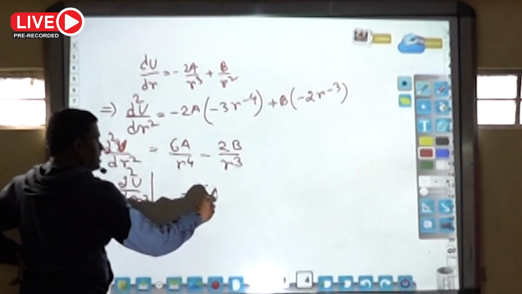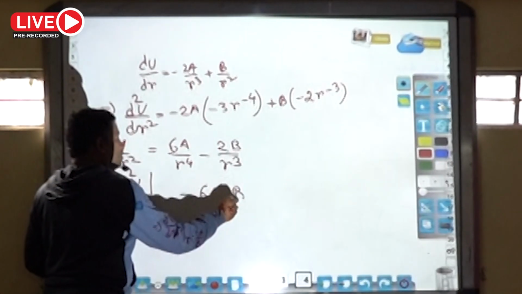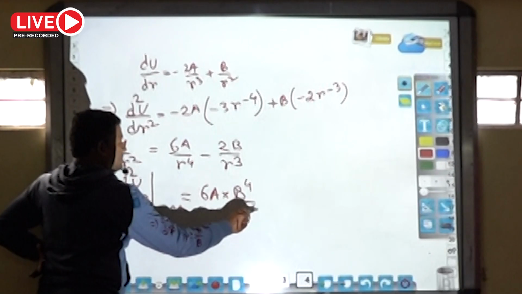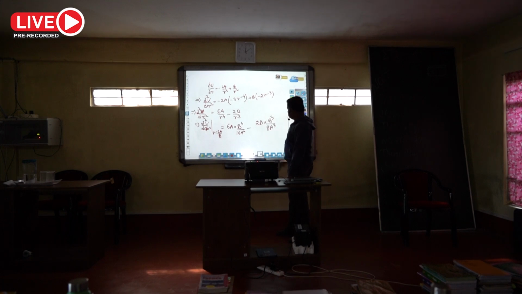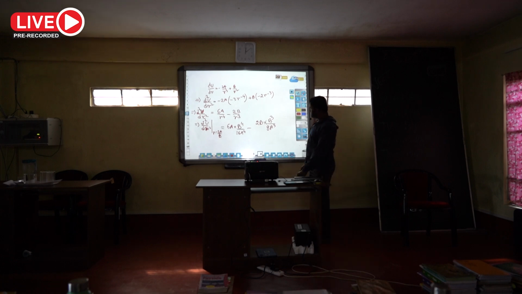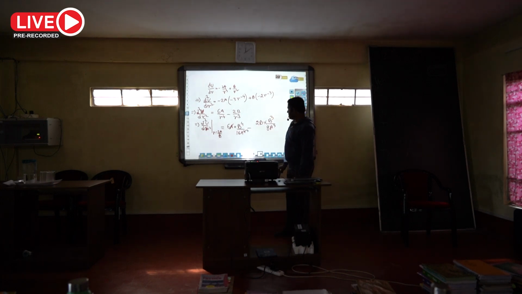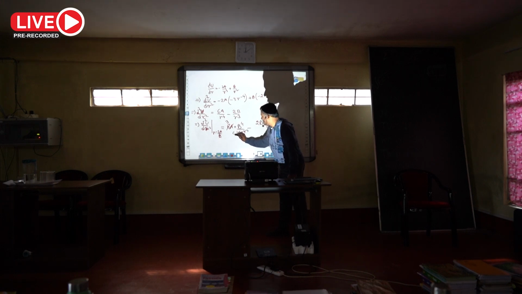So it will be 6a into 2a by b, so b will be in the numerator, b to the power 4 by 2 to the power 4 is 16, a4, minus 2b into r cube, that is b cube divided by 8a cube. So one a can be cancelled such that it will be a cube, and then I can cancel one 2 from this, that is 3 and that is 8.